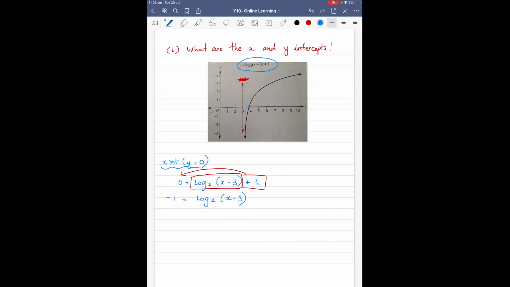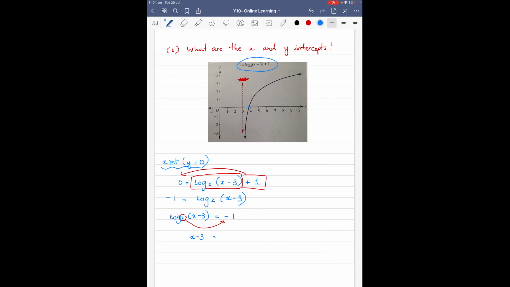Okay, sometimes it's a bit unusual to see in this format. So if you're uncomfortable with this, we can just swap it around. But everything stays the same. So my log here is basically here. Minus 1 is here. Same thing. Okay, we know from the previous exercise that we can bump up the number 2. So what we have left is x minus 3.